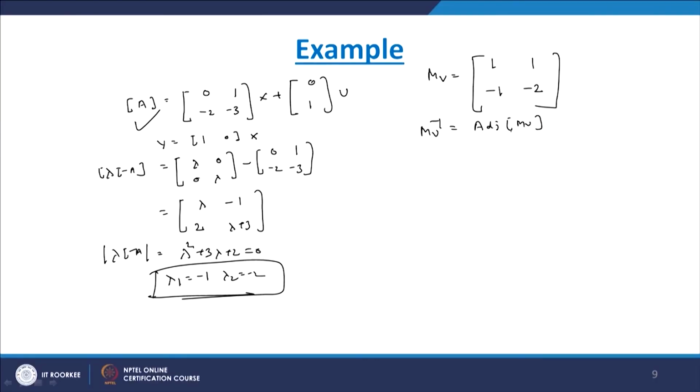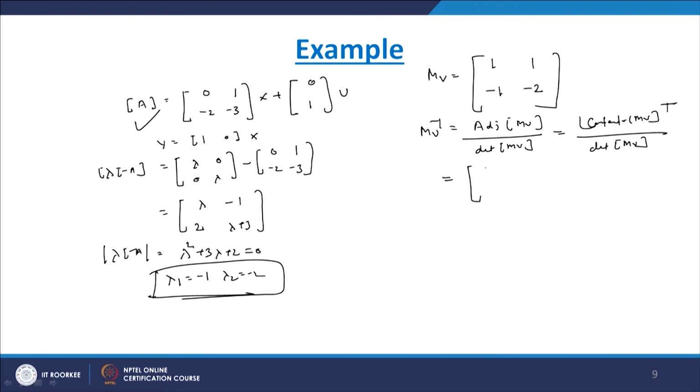Now, how to get the inverse of this model matrix? The concept says adjoint of MV divided by the determinant of MV. And what is the adjoint of MV? That is equal to the cofactor of MV transpose divided by the determinant of MV. Now, what is the cofactor of MV?